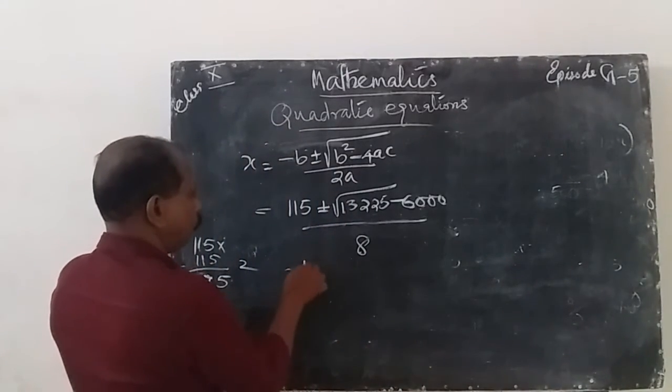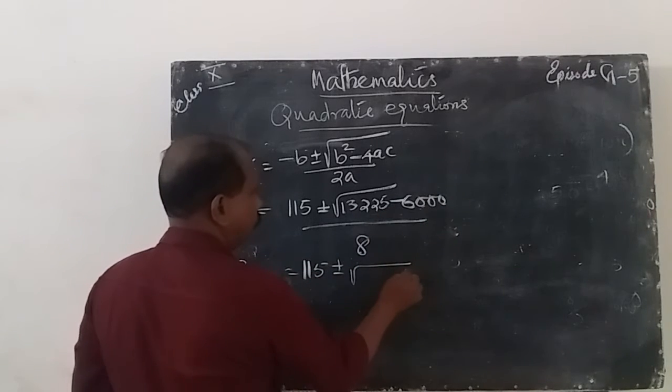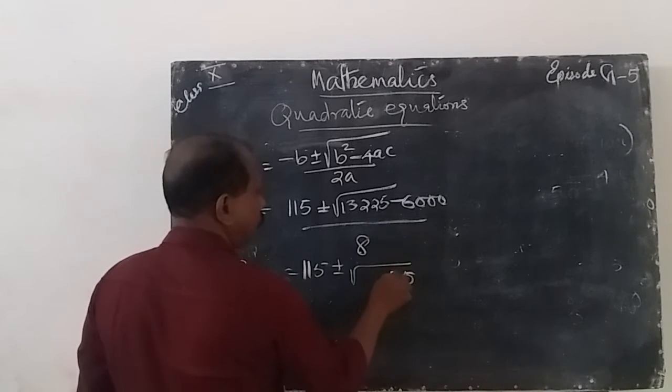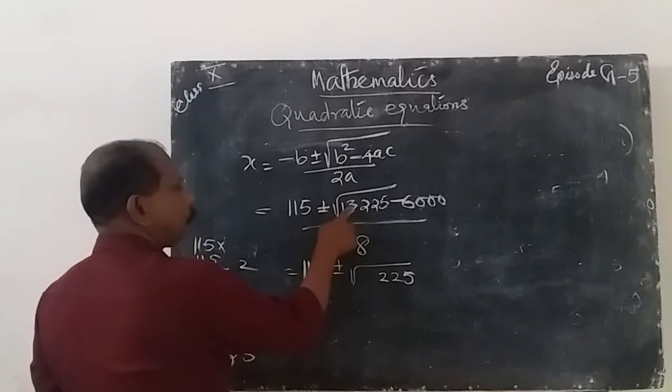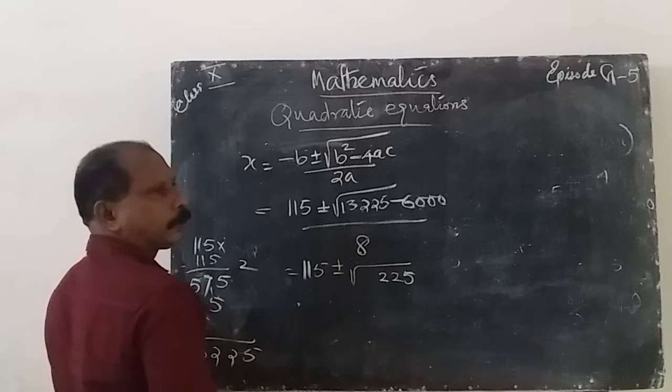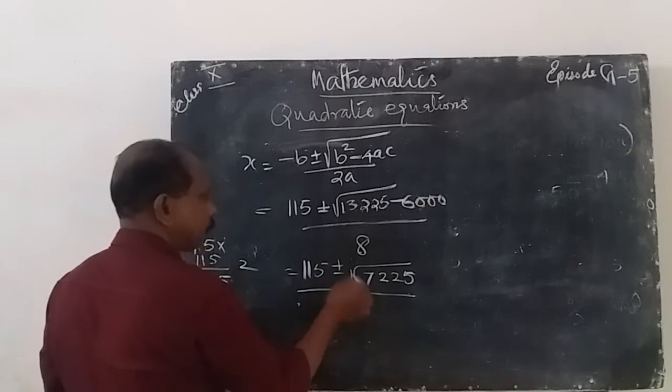Then that is equal to 115 plus or minus root of 13225 minus 6000, that is 7225. Divided by 8.